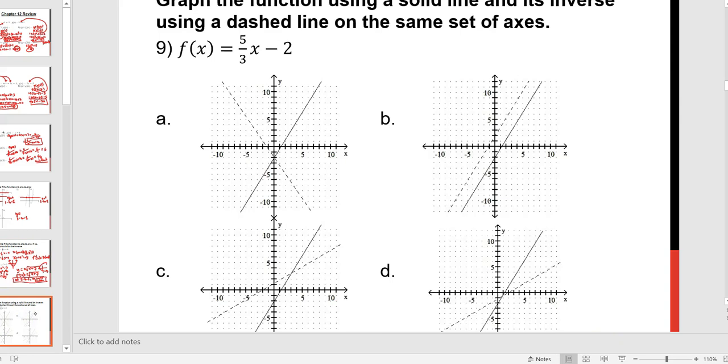Each of these has 5/3 x minus 2 graphed as the dotted line. So what I would do is I would switch the points x and y. I would take the points, it looks like 0, 2, and let's see if that's another point. Looks like 6, -11.